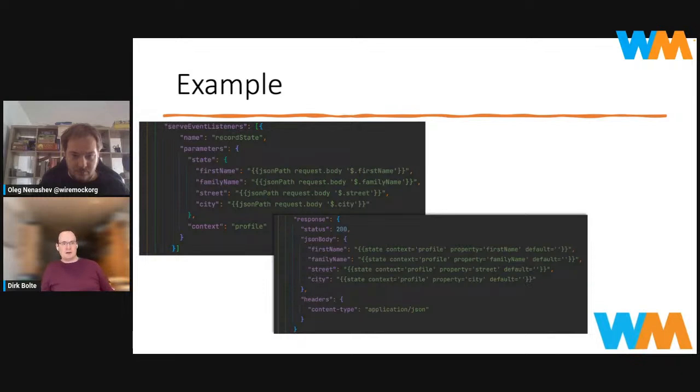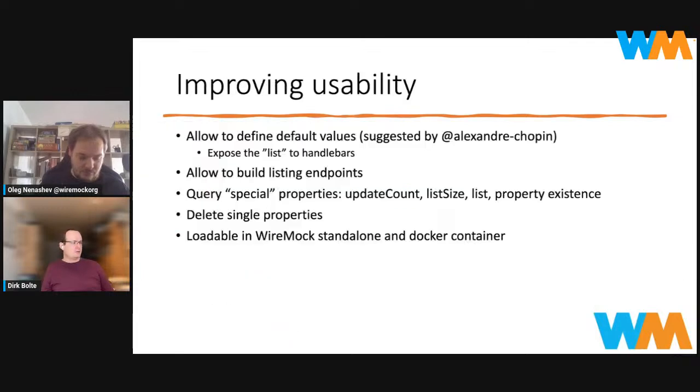Being able to do so was added as well. This is majorly used in the demo for deleting the image, so I can delete the image without deleting the whole context. And also being able to load the whole extension in WireMock standalone and in a Docker container, which required some additional effort.